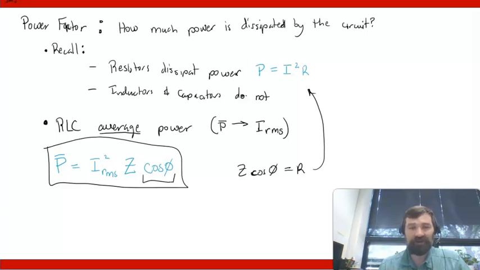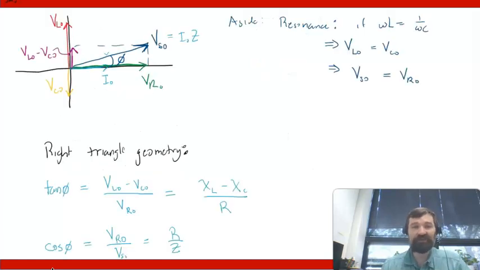This cosine phi term is what's sometimes called the power factor for the circuit. And so that's also why on this previous slide I defined a tangent of phi and a cosine of phi, and I mentioned you could also do the sine of phi, but I didn't really work out the sine of phi. It's just not as interesting as the tangent and the cosine in this phase diagram.